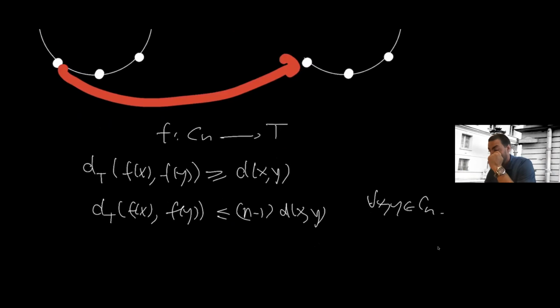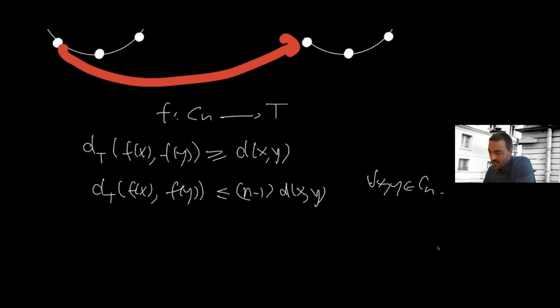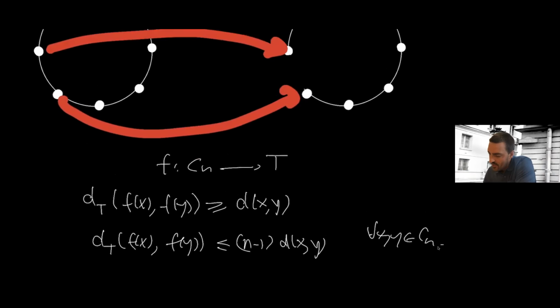Now this is a very simple but very powerful and beautiful idea: you can randomly delete an edge in the cycle, and try to understand on average what the distortion would be. Here I deleted 1 edge, but actually I can delete any of n edges. So I get n maps from a cycle to a tree, okay?